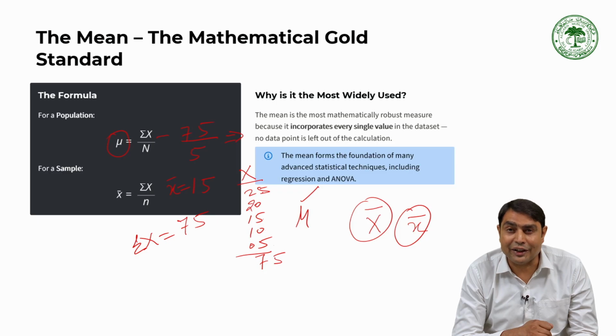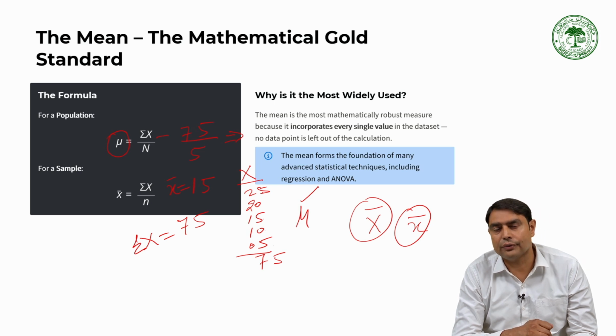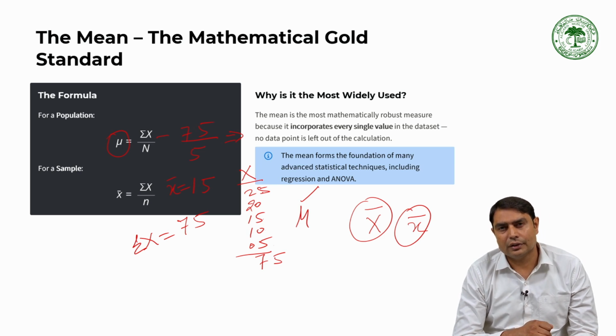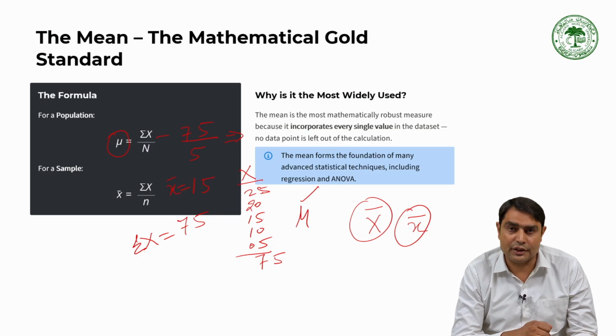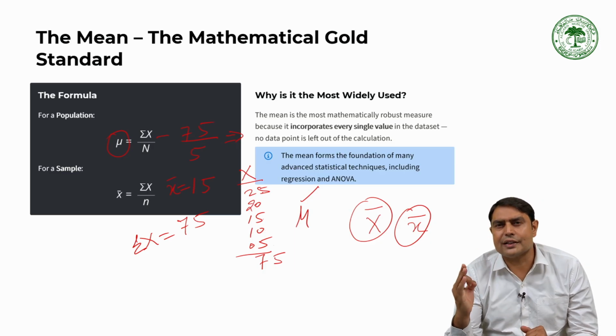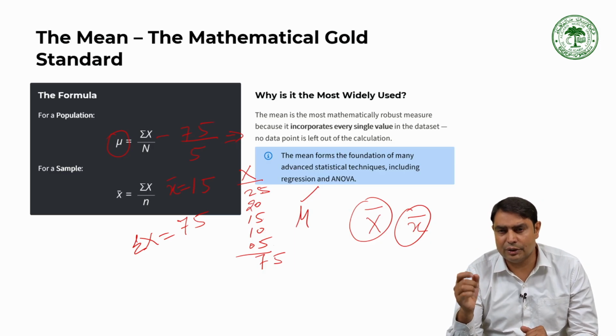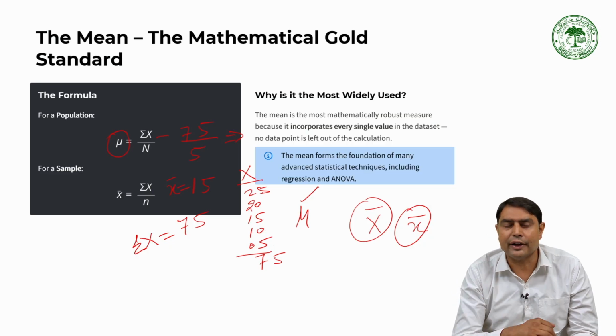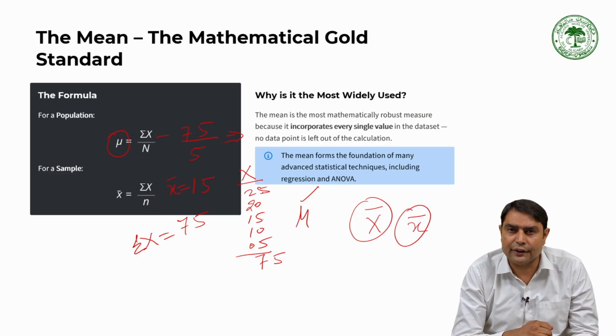So, in parametric tests particularly, the mean is considered the best measure of central value or representative value. So, when students move to higher statistics, the mean remains relevant and significant.